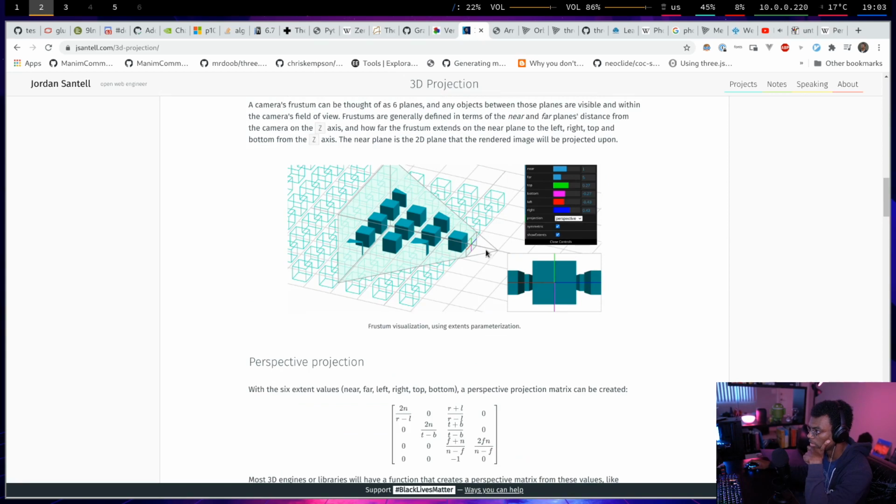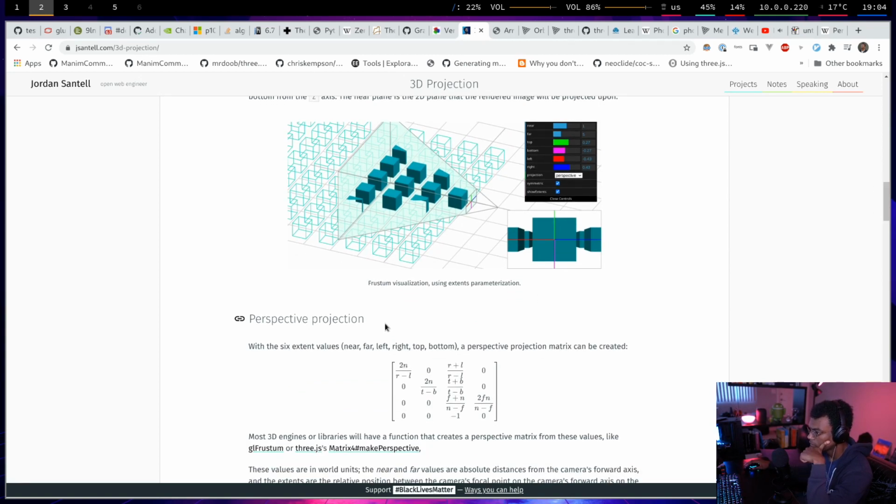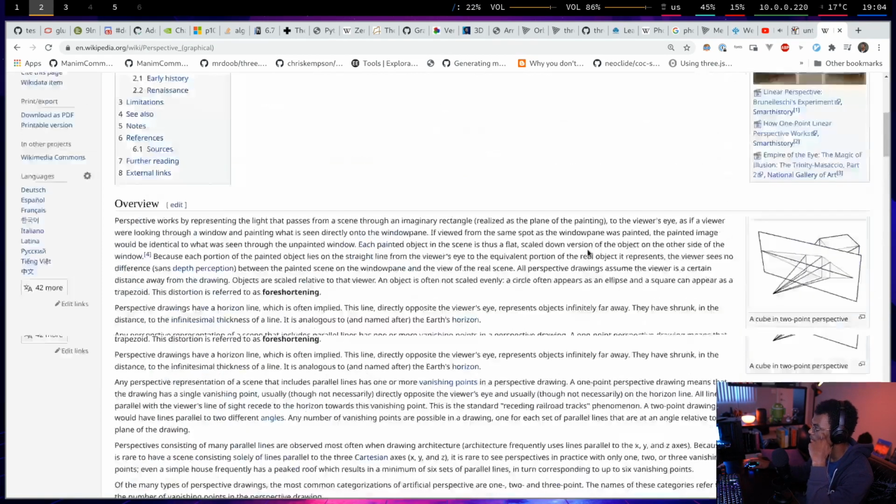And these parameters are going to trace out a pyramid. Near and far, that makes sense. Left, right, top, bottom. Those will be sort of annoying. I think there's a way to do this just with the angle for the field of view. So I'm going to look for that.